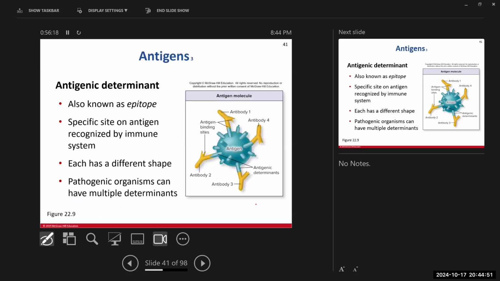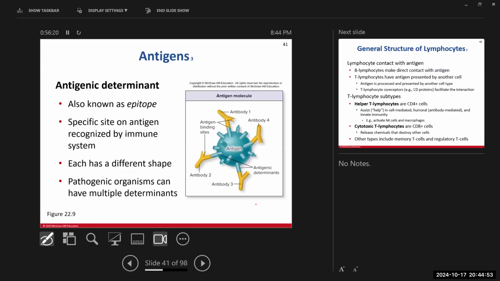When we're looking at an antigen, look at this little picture over here before you're writing anything down. Here's an antigen molecule, that protein or sugar, and you'll notice it's got these spikes coming off. Those little spikes are called antigenic determinants, also known as epitopes.